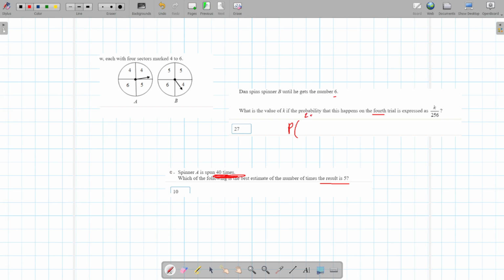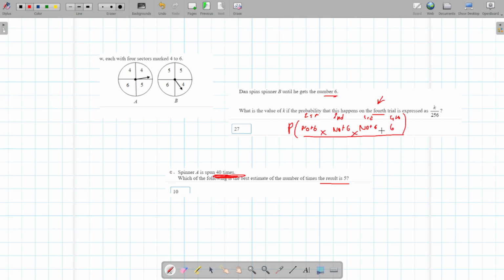So the first trial, it's not 6. On the second trial, it's not 6. The third trial, it's not 6. But on the fourth trial, it's actually 6 this time. Because he's spinning until he gets 6 and it happens on the fourth trial. What's the probability of this happening?